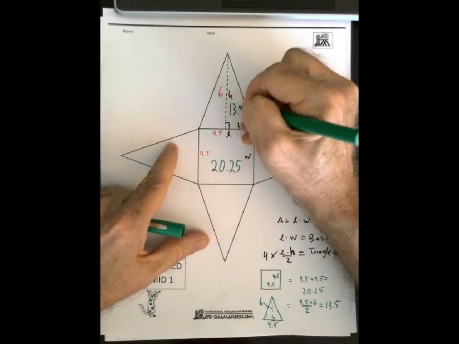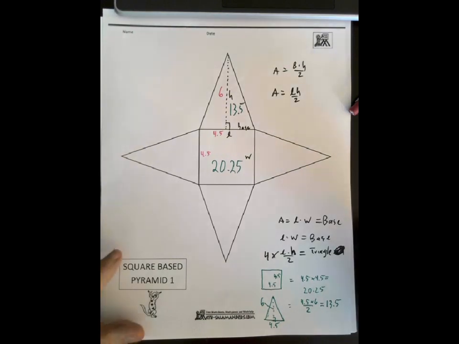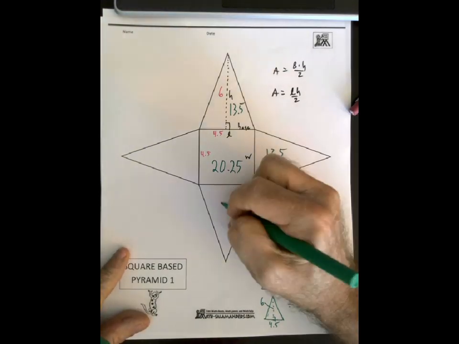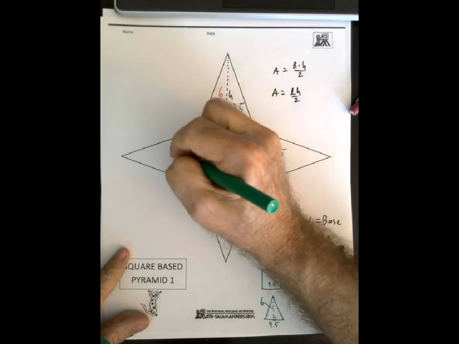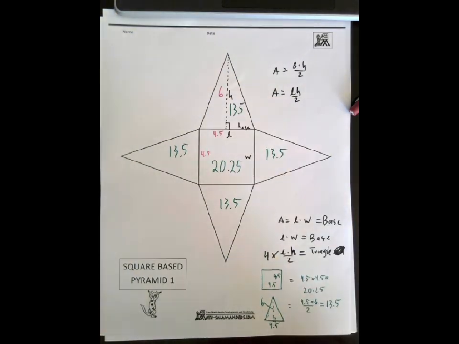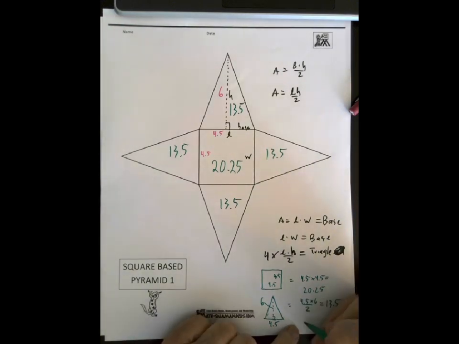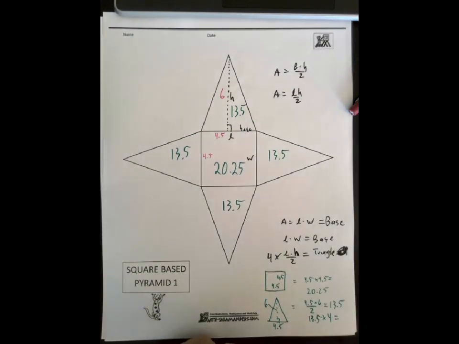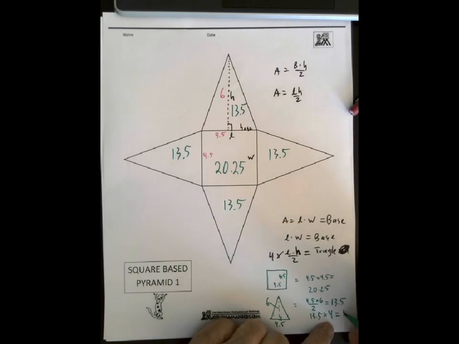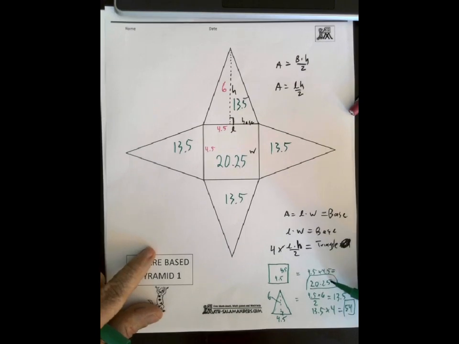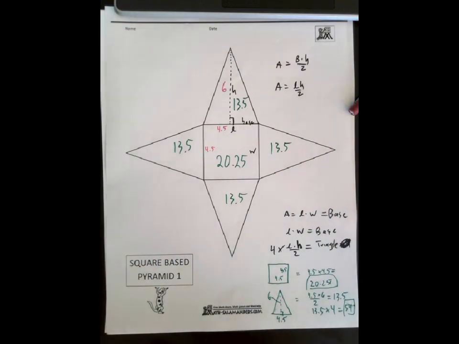So this triangular side is 13.5 in area. That means they're all 13.5 because they've all got the same base and the same height. They're all congruent shapes. So we multiply the 13.5 times 4, and that's equal to 54. So the area of the bottom side is 20.25, and the area of the triangular sides is 54.